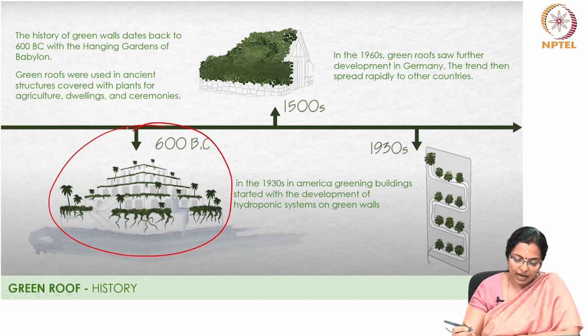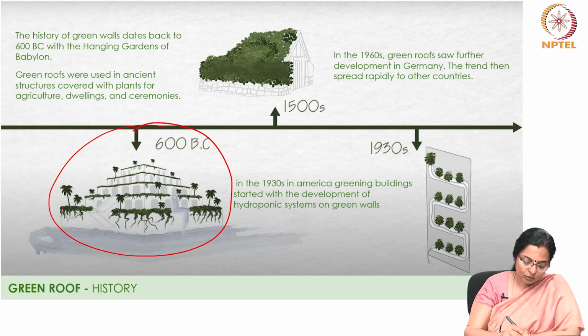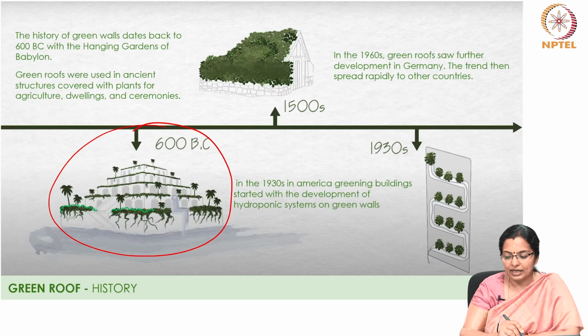Green roofs were used in ancient structures to cover with plants for agriculture, dwellings, and ceremonies.